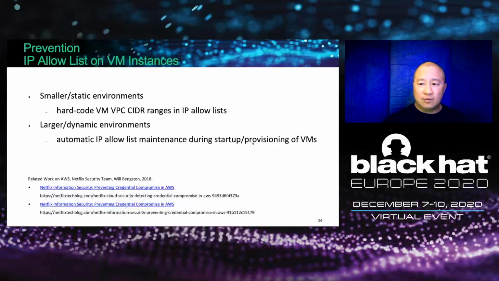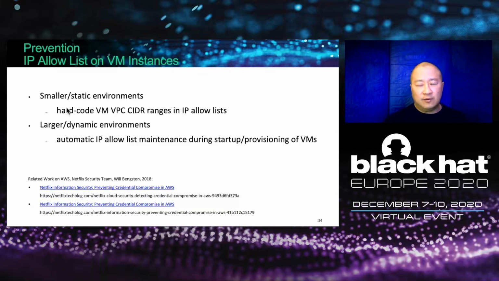But there's more involvement. If you have VM instances, you have to worry about those IP addresses. If they're executing API calls, remember they have potential compromise of OAuth tokens or session tokens on VM instances. So IP allow lists have to include the IPs of those VMs.